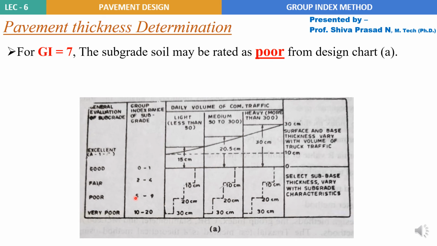With this value of the group index and the traffic values, we can directly obtain the pavement thickness using this chart, or there is another convenient way which we can see in the next slide. But now, what is the category of the traffic we can categorize?